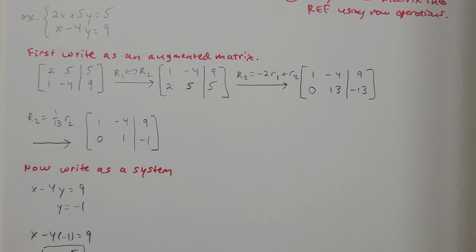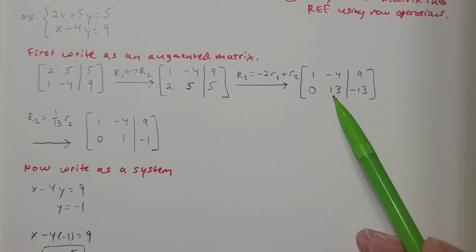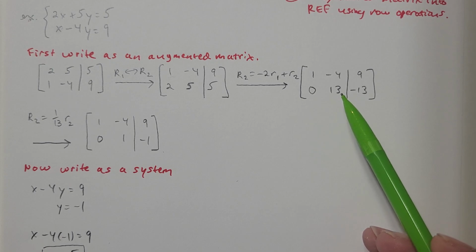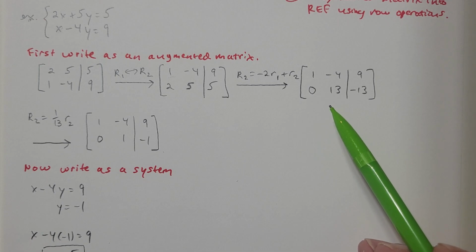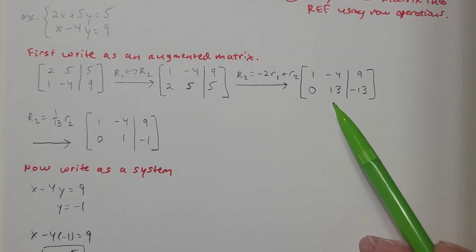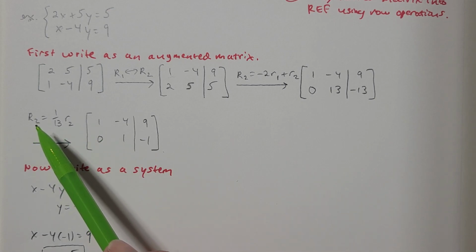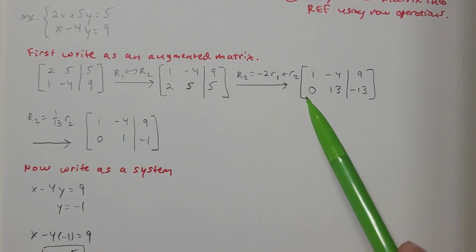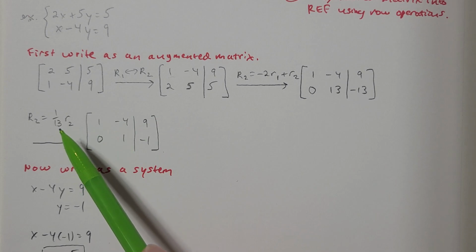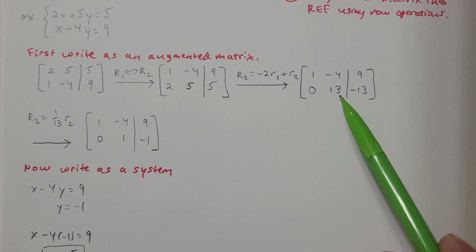Okay, so we're almost in row echelon form. The last thing to do would be to get this 13 to be a 1. Well, I can multiply any row by a number, as long as it's not 0. So I'd say the next thing, we need a new row 2 here. And to get the new row 2, let's take 1/13 times row 2.